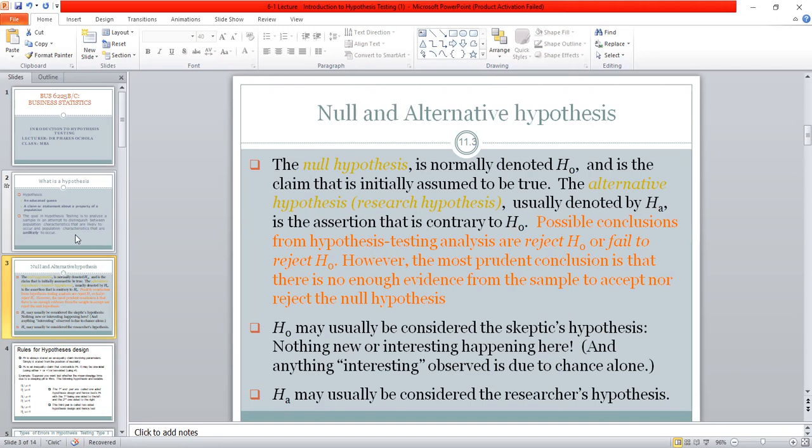So that hypothesis, which is contrary to the null, the one you are testing for, is called the alternative hypothesis, denoted by HA, H subscript A. Sometimes it is in fact called the research hypothesis. It is the hypothesis you state from the statement of the problem. It's written from the problem. The problem will give you the alternative hypothesis. Always. Then, of course, you'll have its equivalent null, which is stated from a position of neutrality.